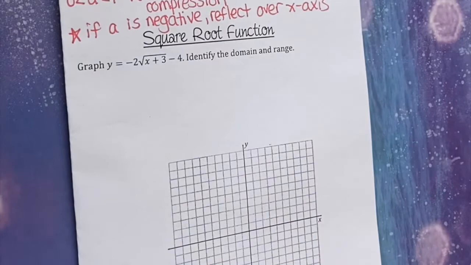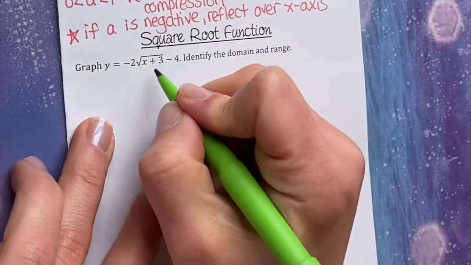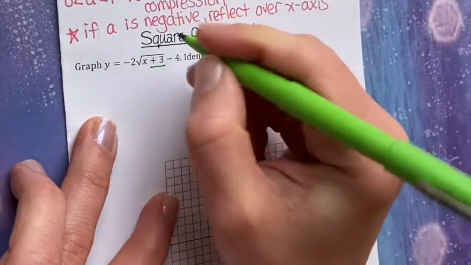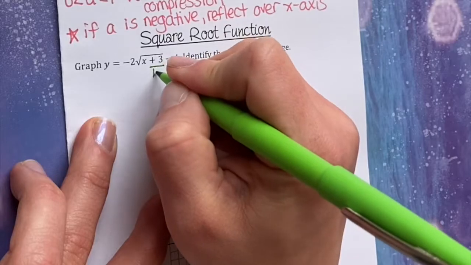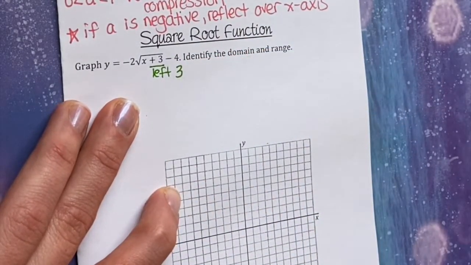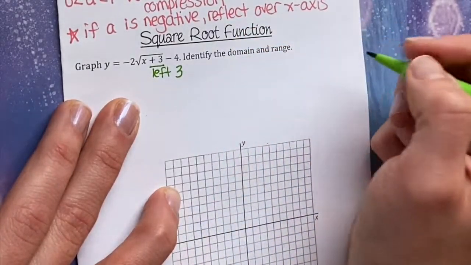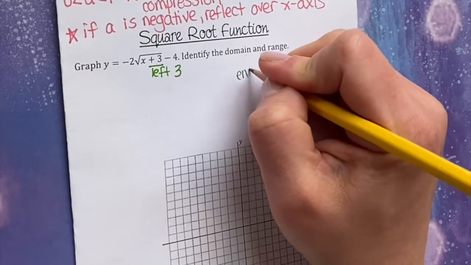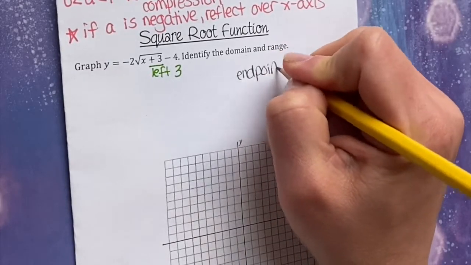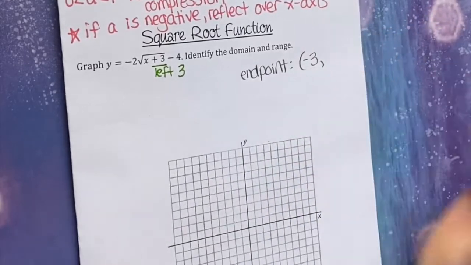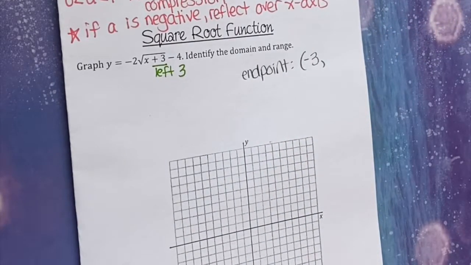Under here, let's make note of our H value. So here we are adding 3. So that means we would be going left 3 on our graph. So for our endpoint, it would be at -3 for the x value.